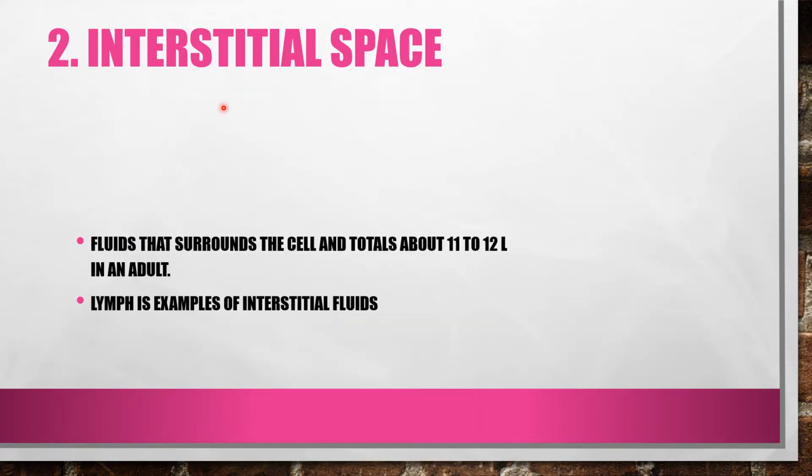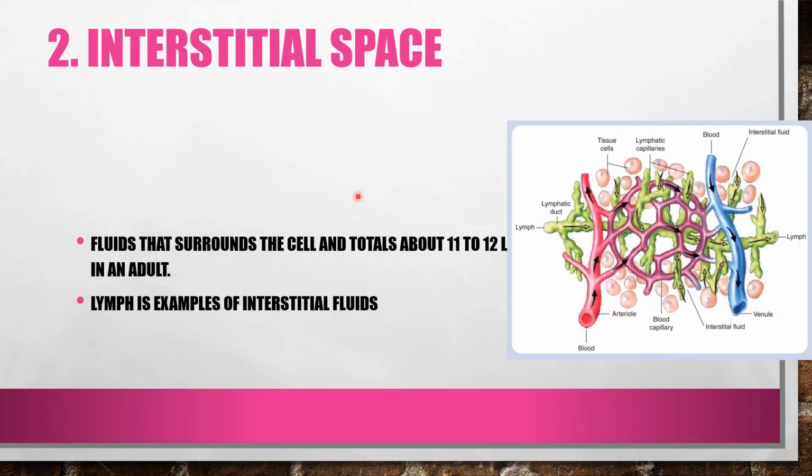The next one is interstitial space fluid. These all three come under the extracellular space. Extracellular fluid is 1/3 of the fluid in our body. Here, the fluid that surrounds the cells totals about 11 to 12 liters in an adult. I have already mentioned the space outside the cell.